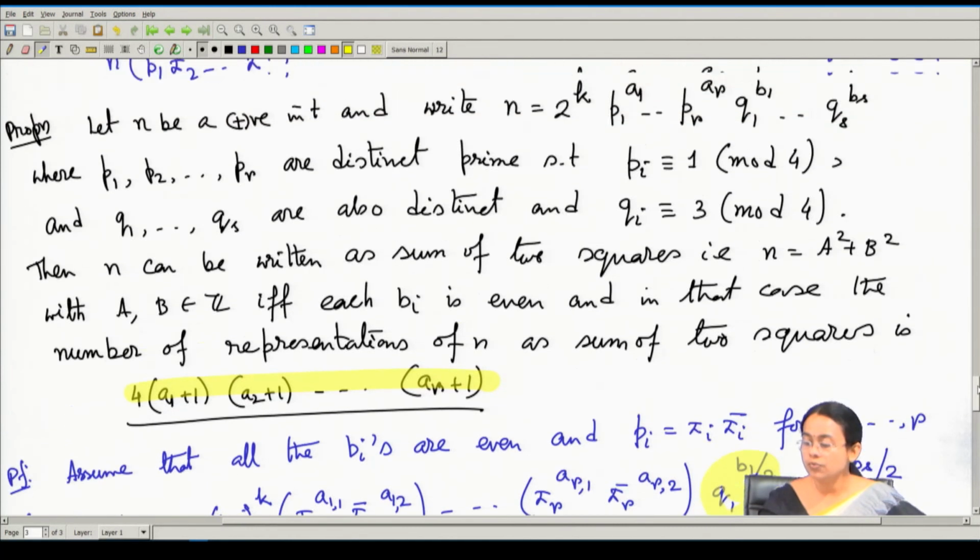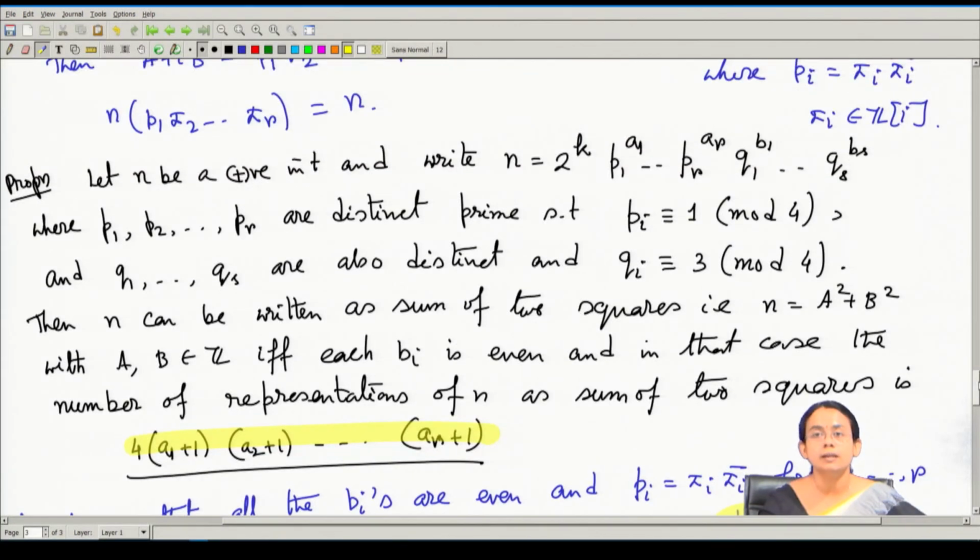And the condition for an integer to be written as a sum of two squares: if I write down the factorization, then the primes which are congruent to 3 mod 4 have to be present in even power. That is the condition I need to check whether an integer can be written as a sum of two squares or not.